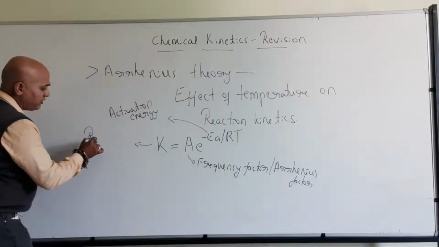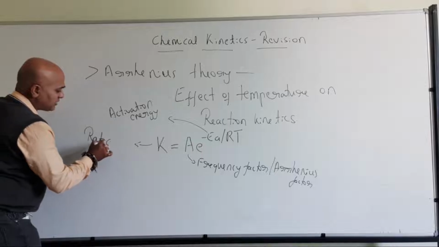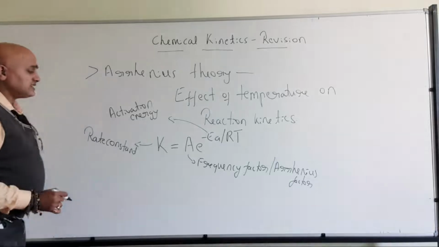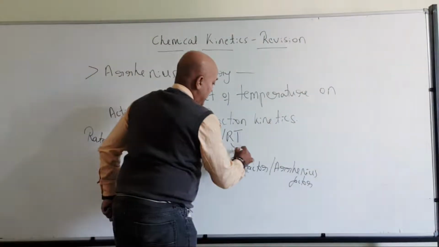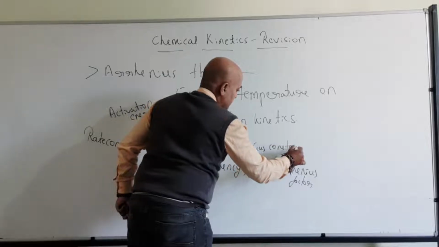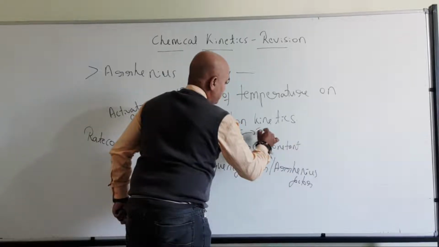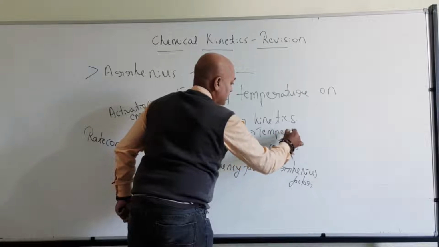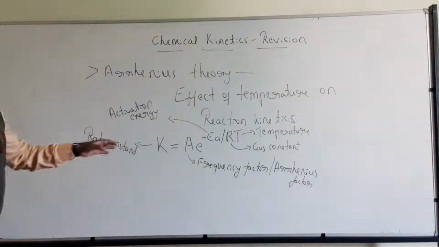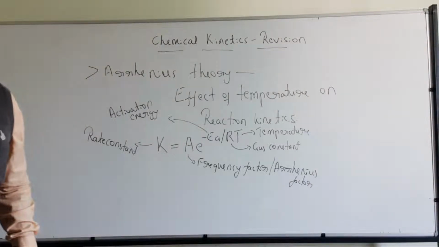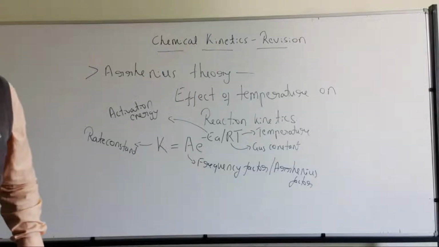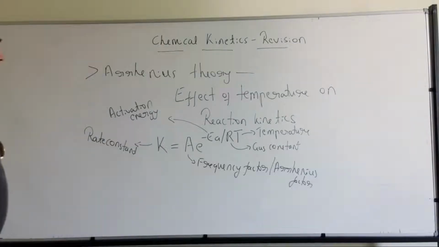All of us know k is nothing but the rate constant, so it should be small k. And R is the gas constant. And T is the temperature under which the reaction is taking place. So that's where we have the Arrhenius equation, where k is equal to A e to the power of minus Ea by RT.